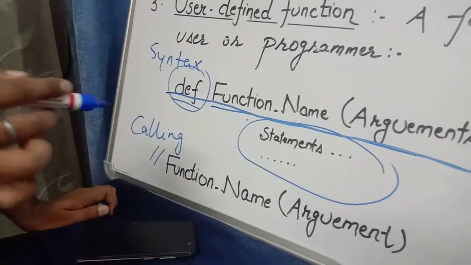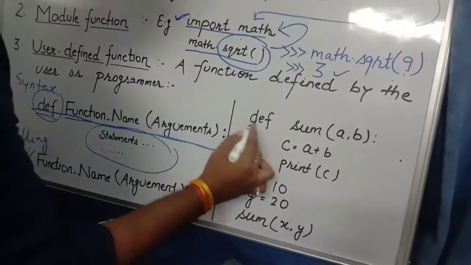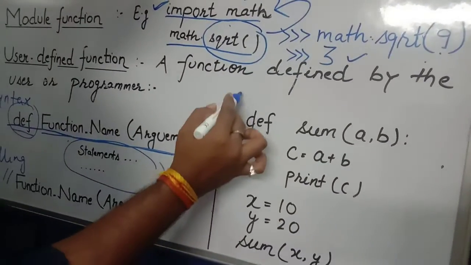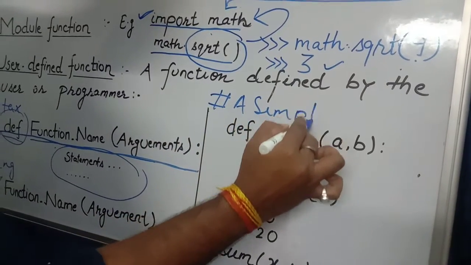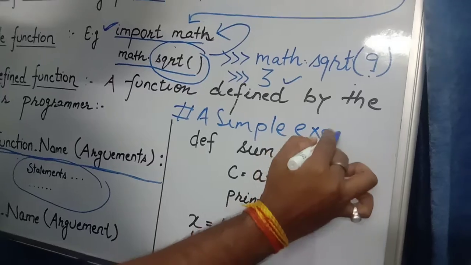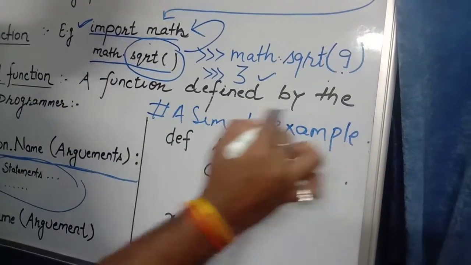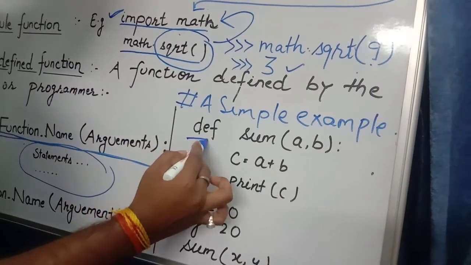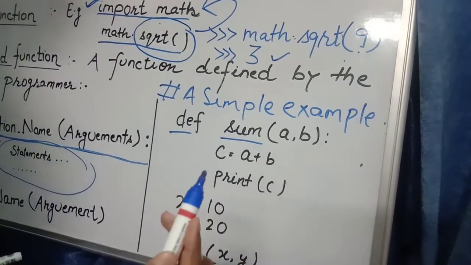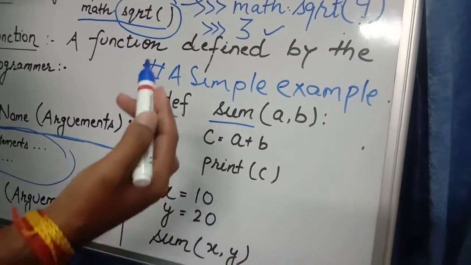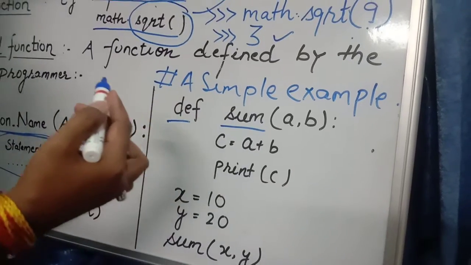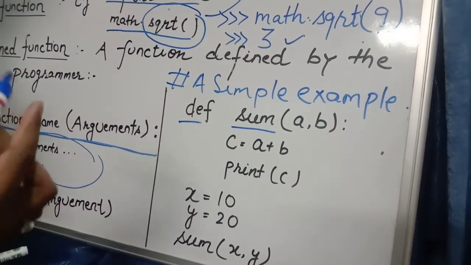Got it? You can see a simple example here. Def keyword, and the name of the function is sum. You can give any other name as per your choice, but basically we give a name which is suitable for the program.